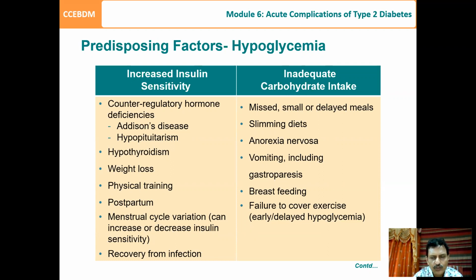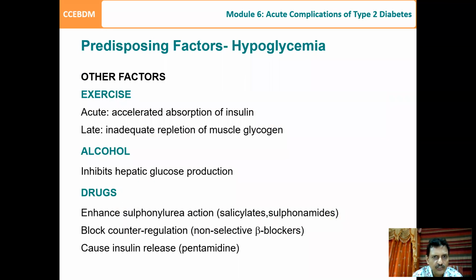In that case, we have to adjust the dose of insulin. We have to ask the patient to frequently check the blood glucose level before or after exercise, to get an idea whether the insulin dose is adjusted, or we need to down-titrate or up-titrate the dose of insulin injection.